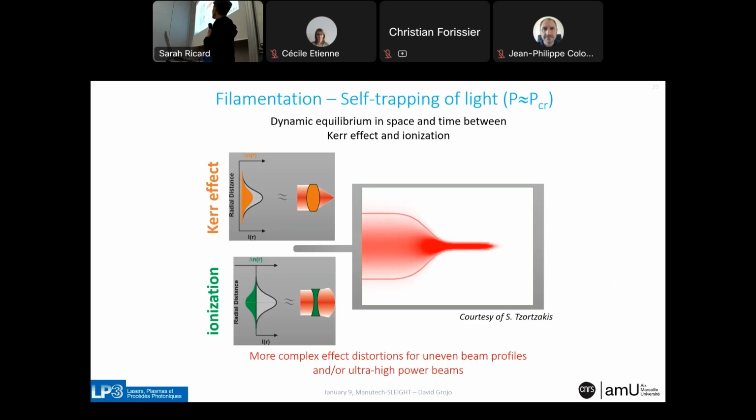That causes the trapping of light at a given intensity, at a given size. Obviously, I described these effects for a perfect Gaussian beam. If you have an uneven beam with hotspots or whatever, this can cause a strong distortion of your beam and should also be accounted for, but that is mostly for ultra high power laser beams.